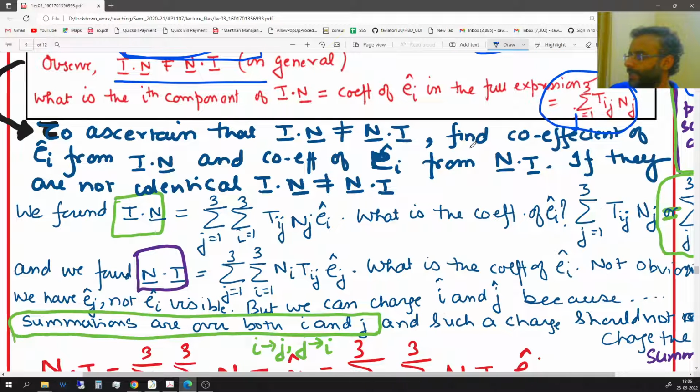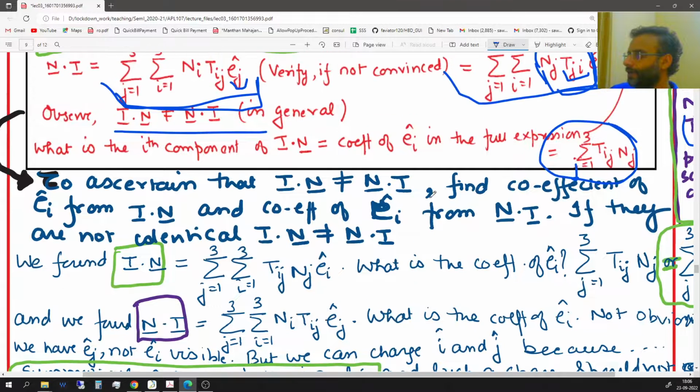So as I said a little while ago, I have to identify the coefficient of ei in both the expressions, n dot t and t dot n. The coefficient of ei from t dot n I have already identified.